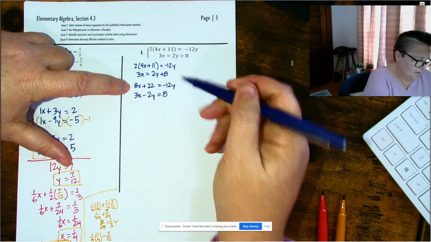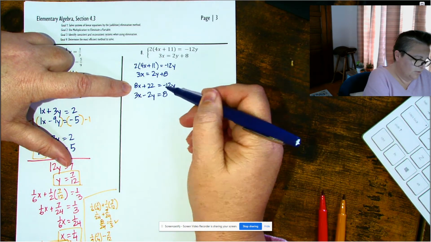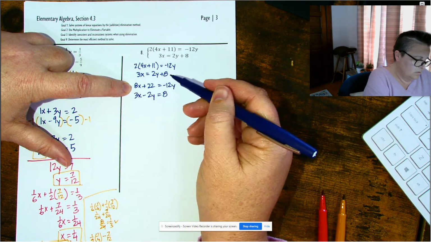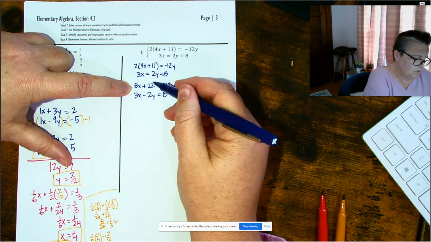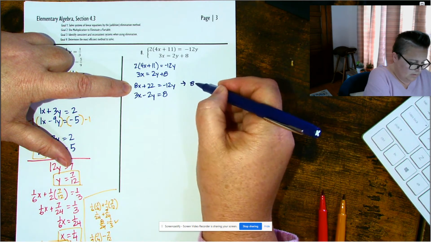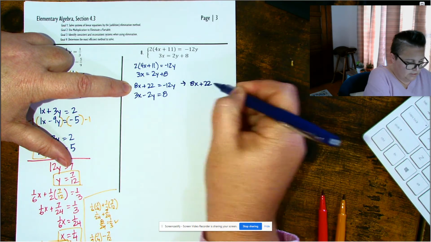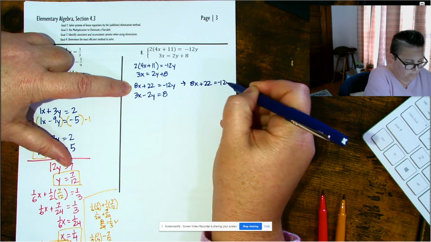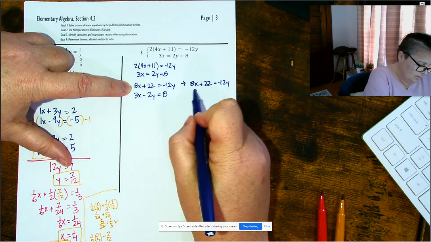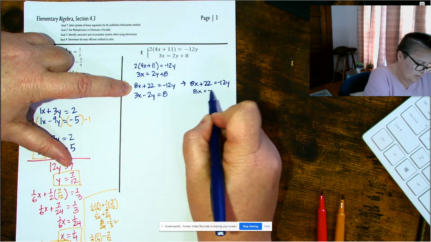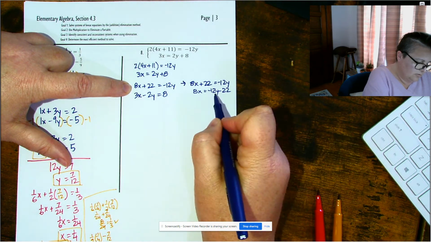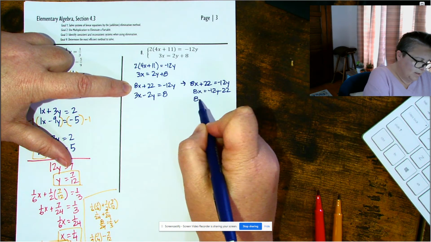And then if I look at that first equation, I've got to swap these two. So 8x plus 22 is equal to a negative 12y. I need the constant on the other side, and I need the 12y back over by the 8.